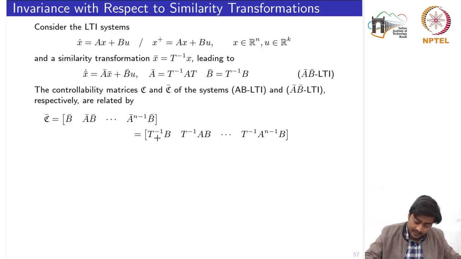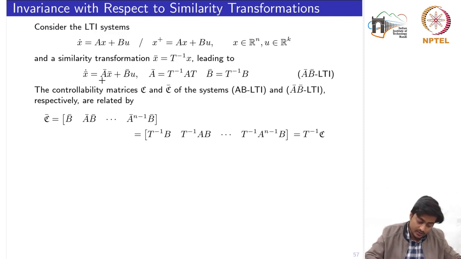Since T inverse is common in all these terms, I can take T inverse outside, and the remaining part is nothing but the controllability matrix of the pair AB. So I can write it as T inverse times the controllability matrix of the pair AB.